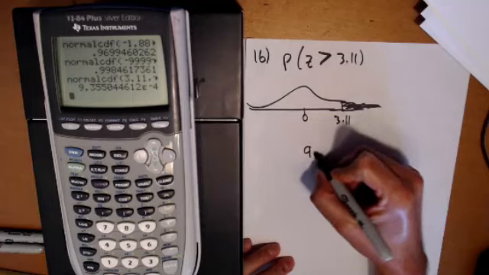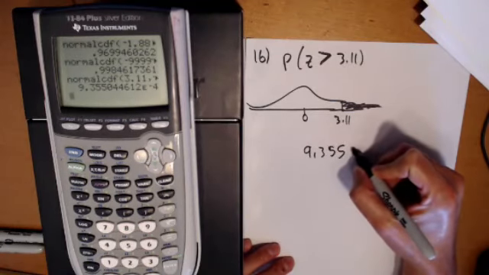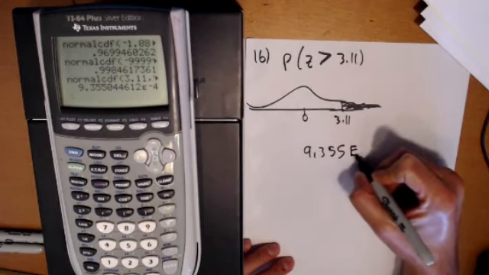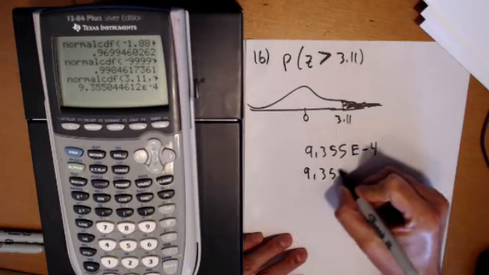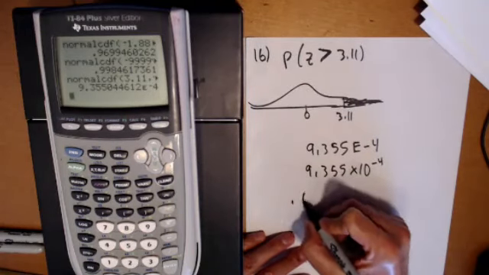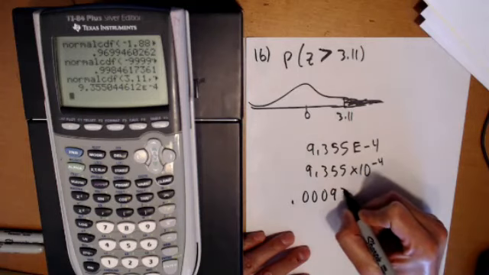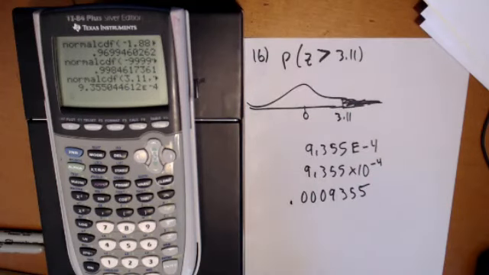It's 9.355 E negative 4. So it's about 9.355 times 10 to the negative 4, which is 0.0009355. Aha! Good thing we studied scientific notation.